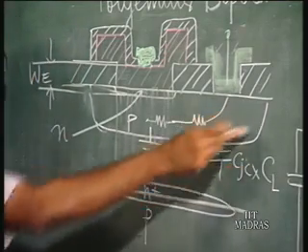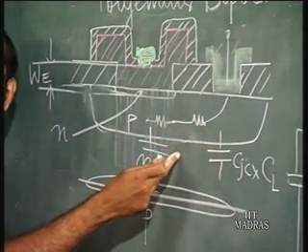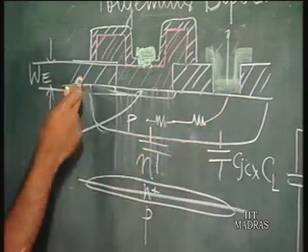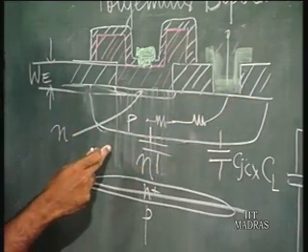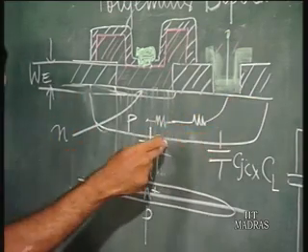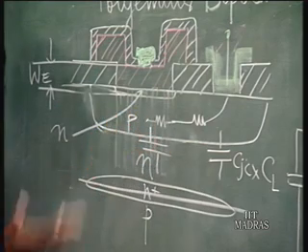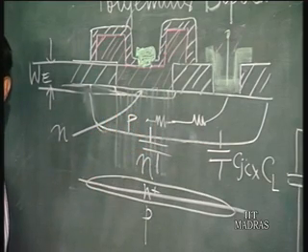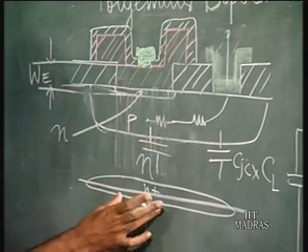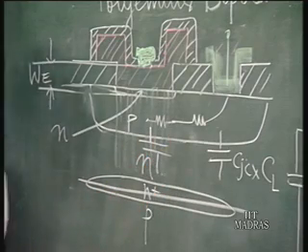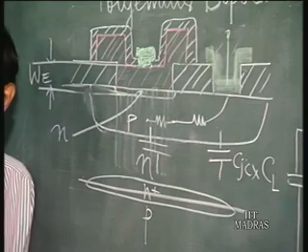This is the extra region. You have a junction here. The junction goes all the way, the base collector junction. So this is extrinsic. This is actually not taking part in the transistor operation. Transistor action takes place here, but you cannot avoid this region. So you have all the capacitances there.